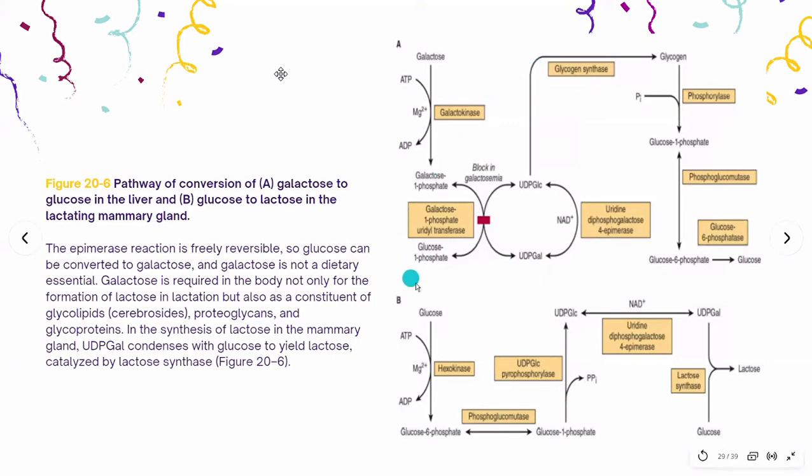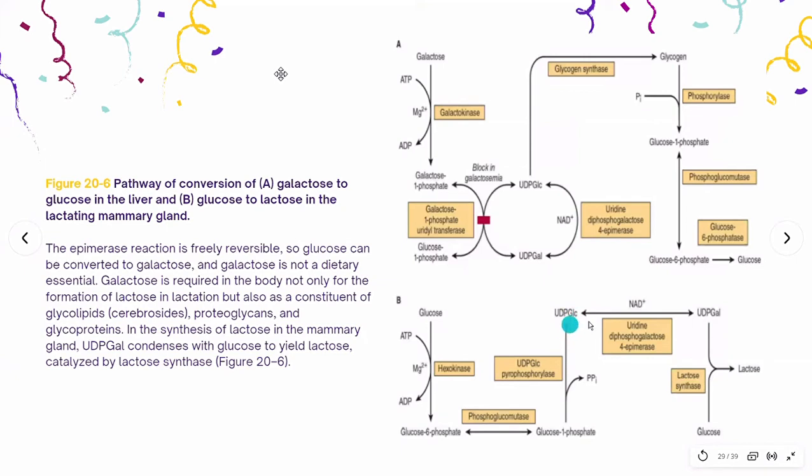In the other pathway, this is where lactose is formed in the mammary gland. Glucose becomes glucose 6-phosphate through your hexokinase, which is found in the mammary gland. And glucose 6-phosphate becomes glucose 1-phosphate through a mutase, and then uridine triphosphate comes in, and you have the UDP glucose.